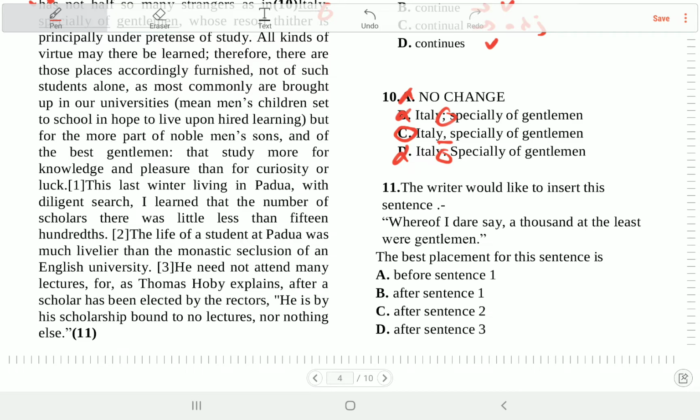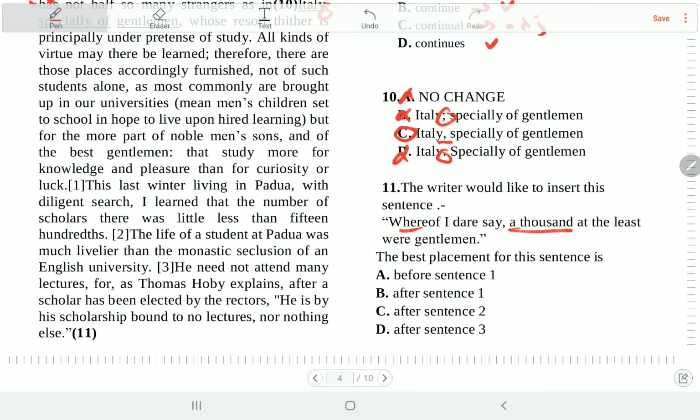Whereof I dare say: whereof is a very old word. As I told you, I try to bring the standard of the IELTS, and you'll find very old language you don't use right now. Whereof means by which, of which. I say 1,000 at least were gentlemen.